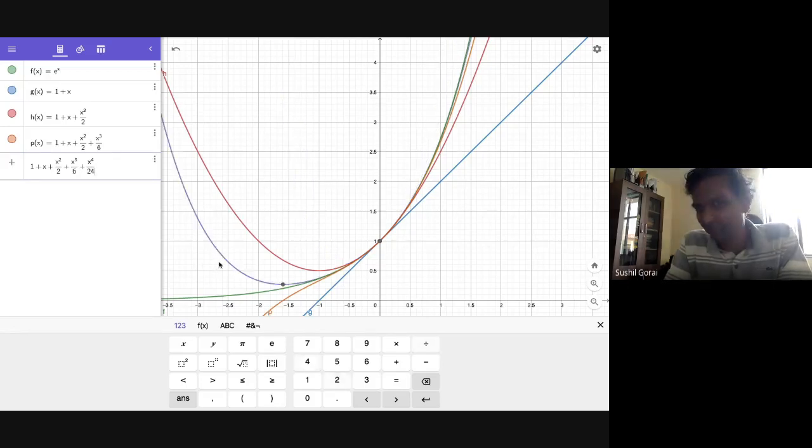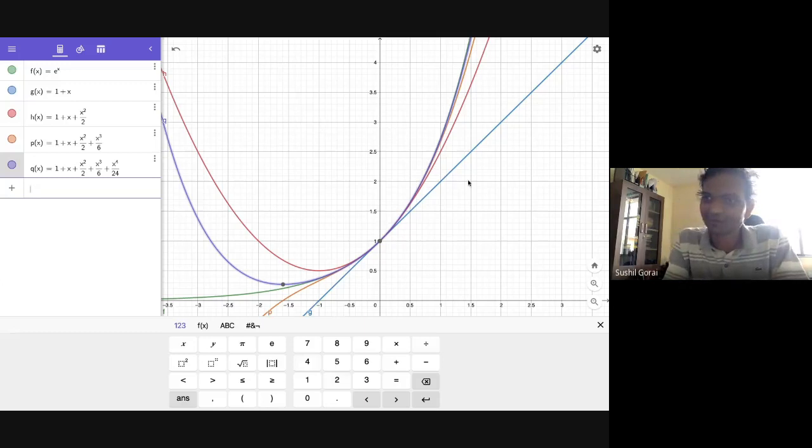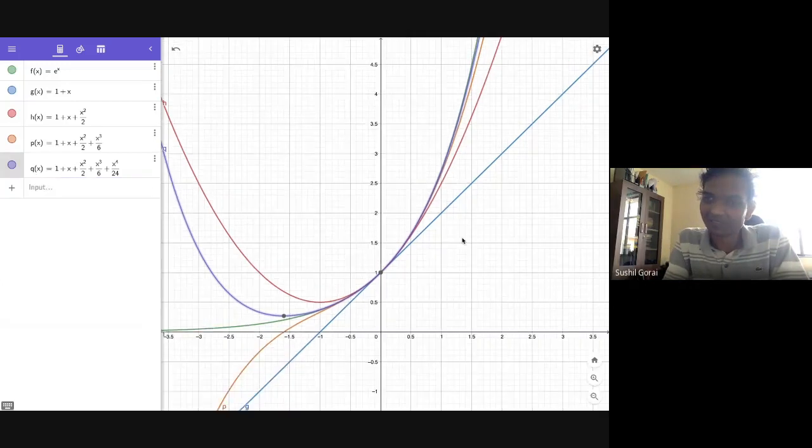See the purple one? Now is it a bit clearer? Now what we are saying is that as you increase the degree, the polynomial will get closer and closer to the function.